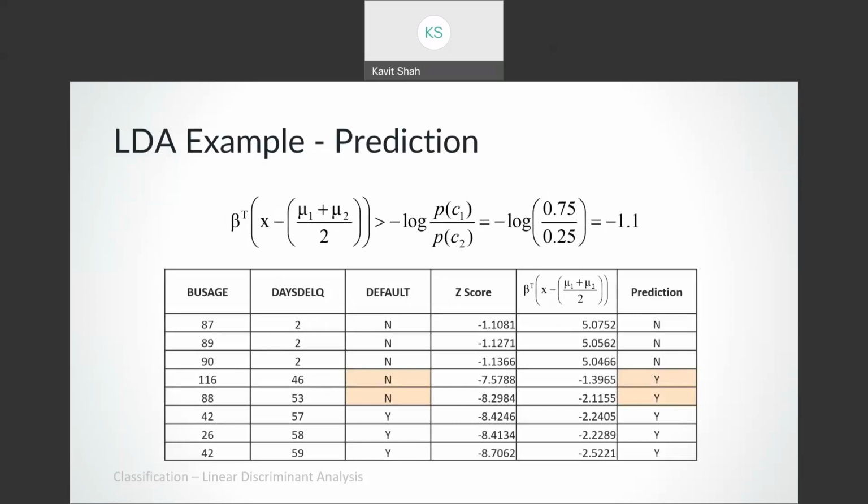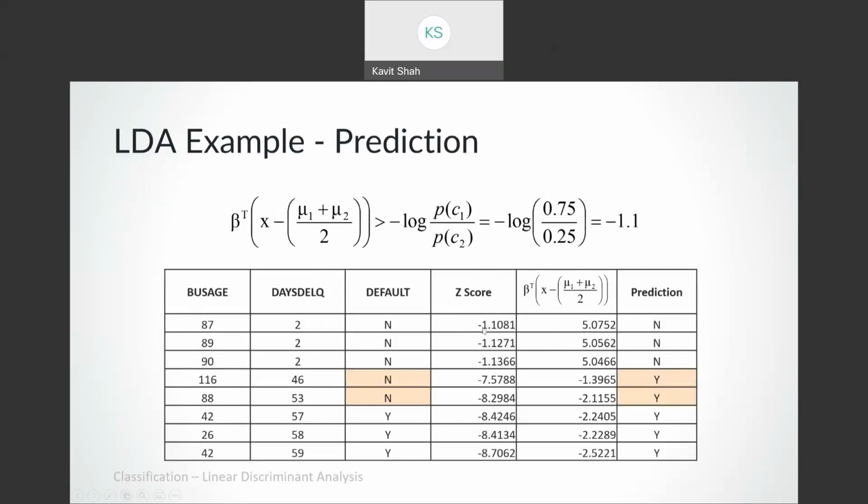LDA example prediction. So suppose we are given these points, and we compute this for all the points here, and z score is basically the linear combination, beta 1 times x1 plus beta 2 times x2, and so on.